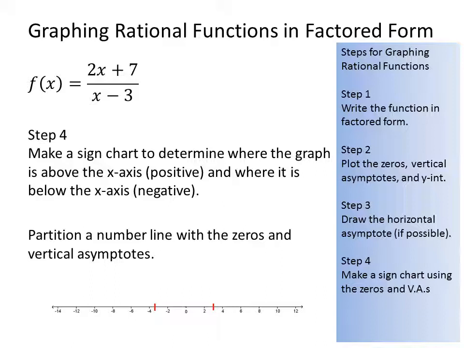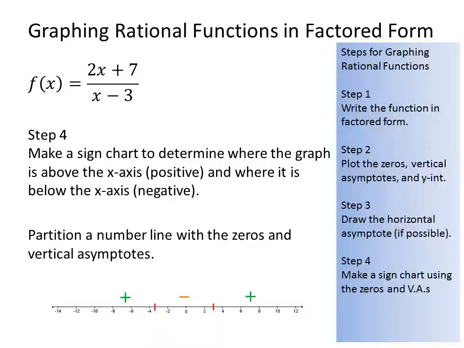Now we need to plug in a point into the original function from each of these regions. We have these 3 regions that have been created: the one that's less than negative 3.5, the one that's sort of in the middle, and the one that's greater than 3. Plugging a value in for each of those regions, we see that the first region is positive, the second region is negative, and the third region is positive.